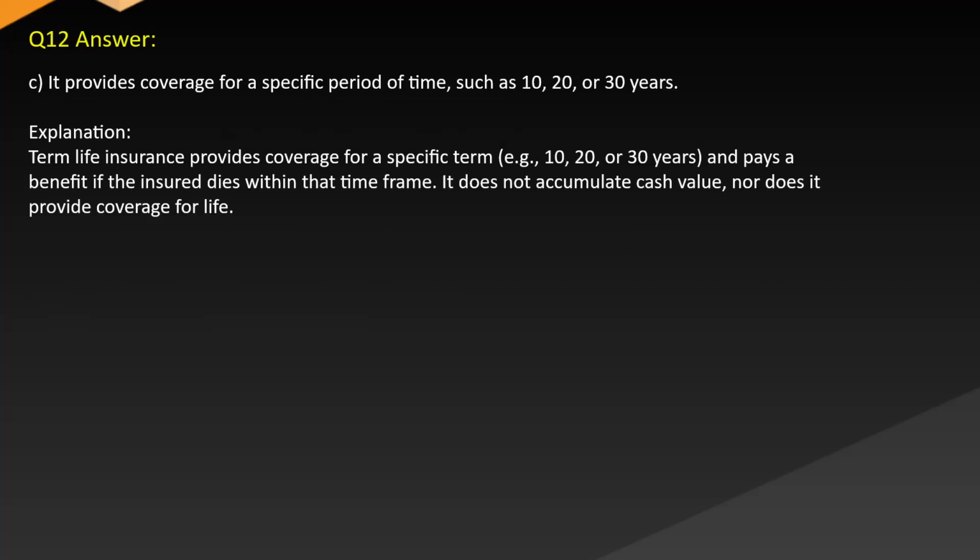Answer: C. Explanation: term life insurance provides coverage for a specific term, e.g. 10, 20, or 30 years, and pays a benefit if the insured dies within that time frame. It does not accumulate cash value, nor does it provide coverage for life.